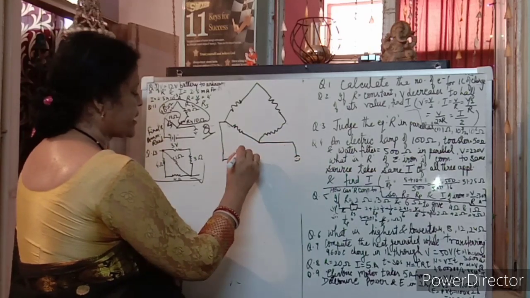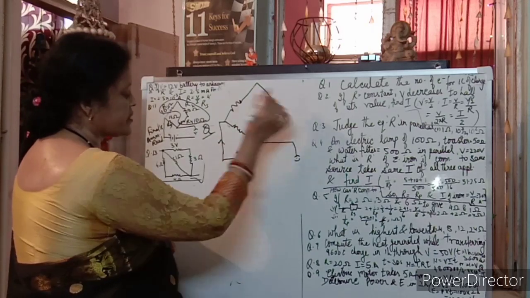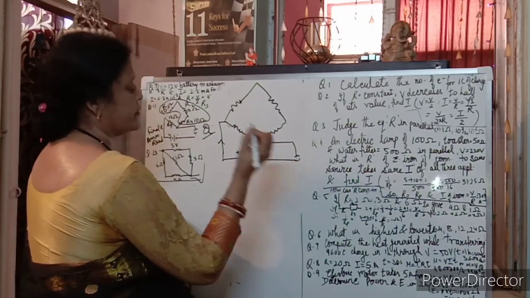This is the battery, positive going from this side, positive to negative, and this is how.